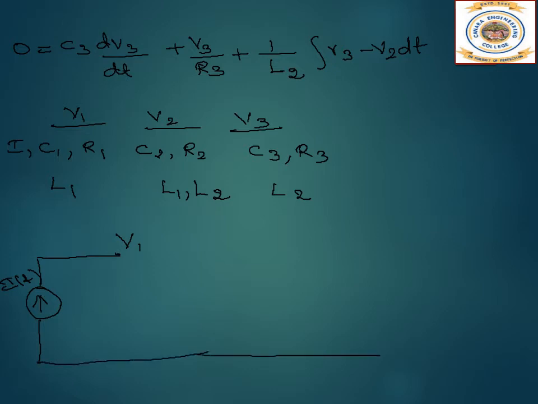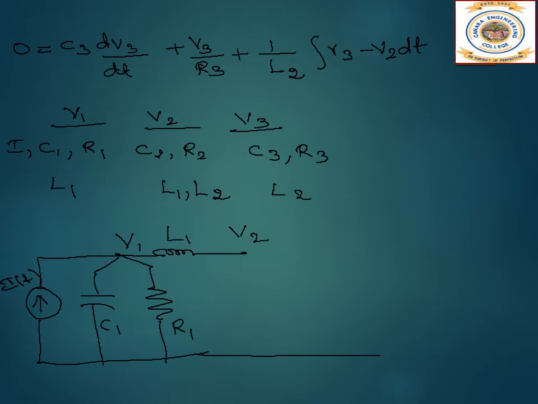Then we have the capacitor C1 and the resistor R1, and L1 is between two nodes.